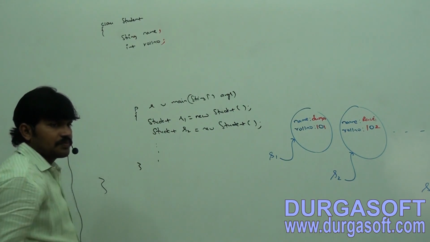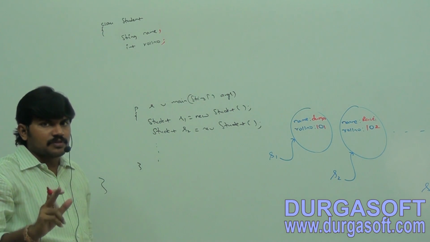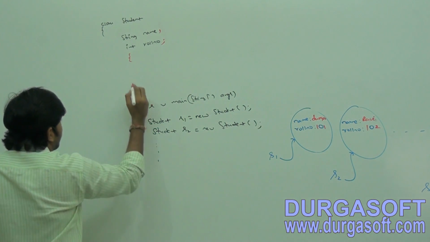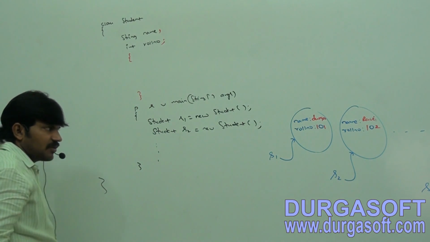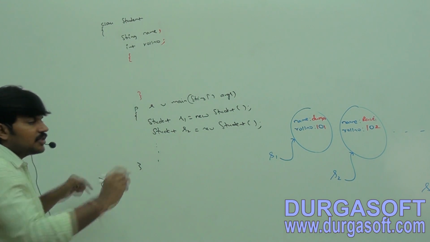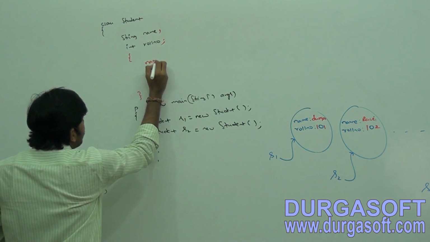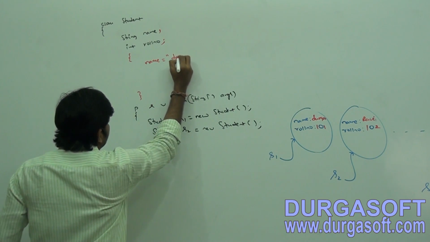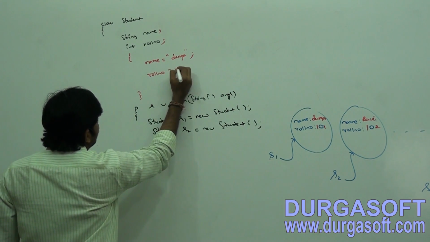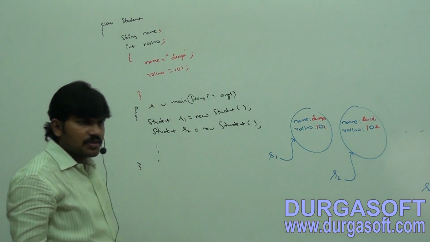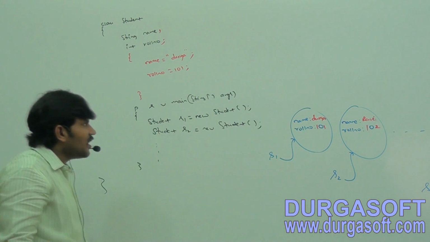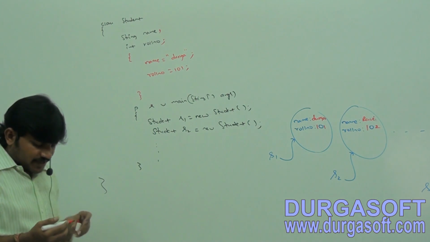Okay, it is not good. Then where can I perform initialization? Second option: here I am taking curly braces, open and close. Sir, can you tell what this approach is? Instance block. Within the instance block, name is equal to Durga, roll number is equal to 101. Is it recommended or not recommended?